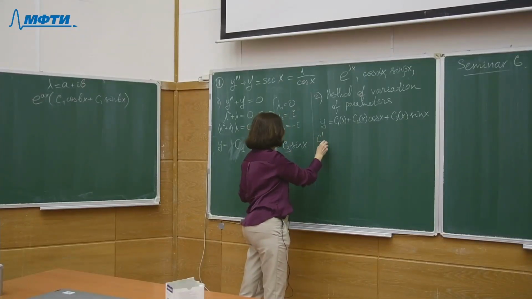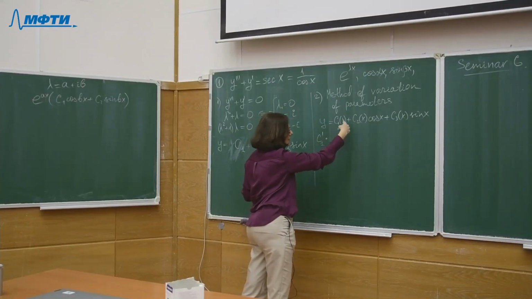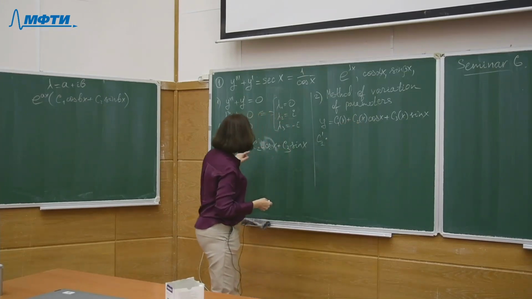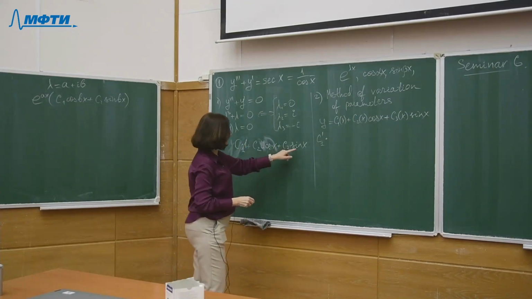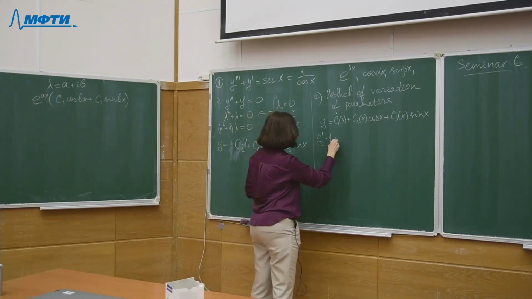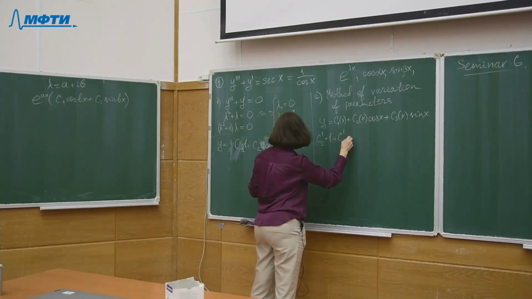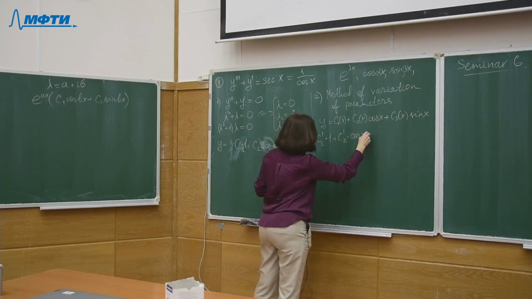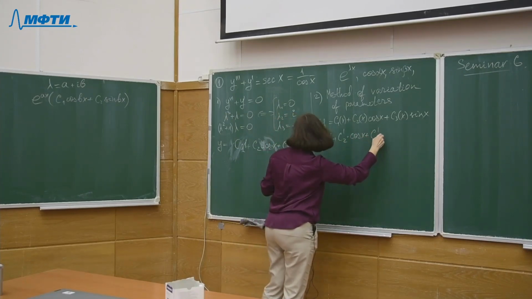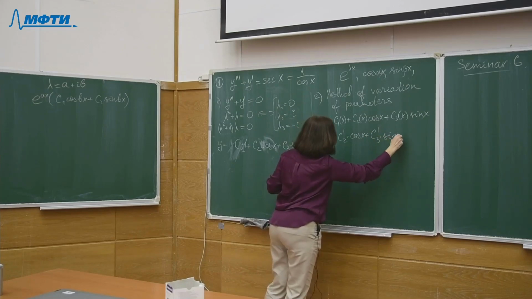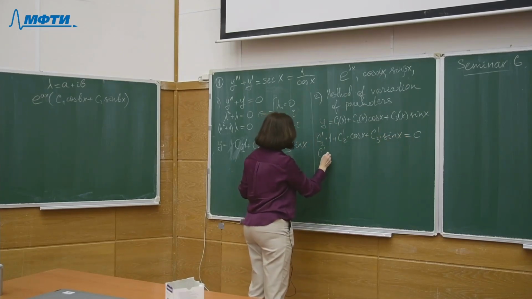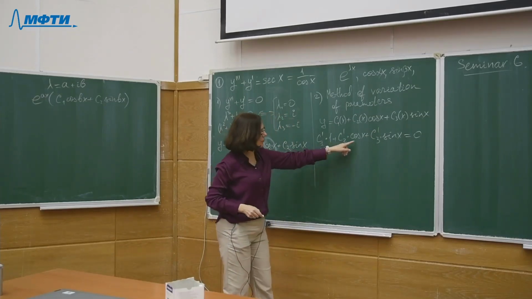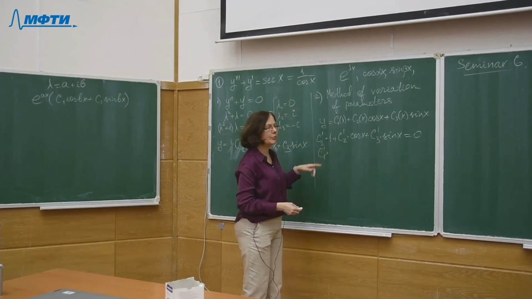First, the derivatives of these 3 functions multiplied by the functions 1, cos x and sine x: C2 prime times cos x plus C3 prime times sine x is equated to 0. Next, C1 multiplied by the derivatives of these 3 functions. The derivative of 1 is 0.